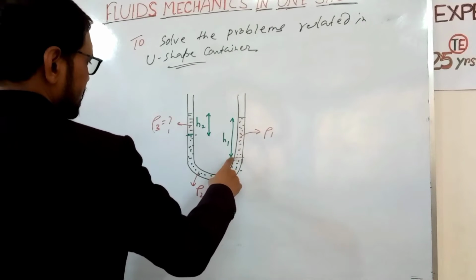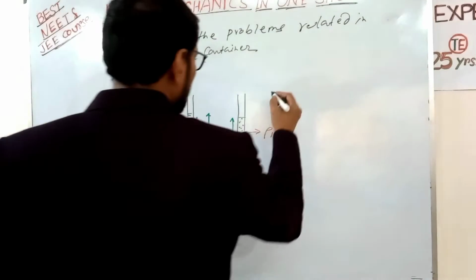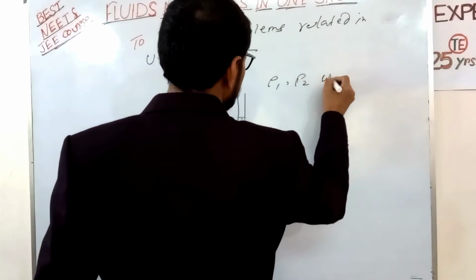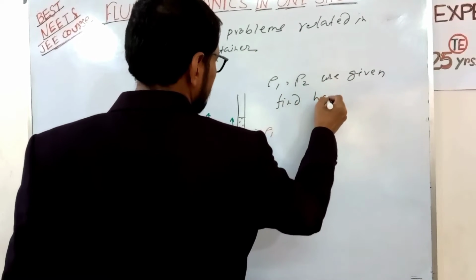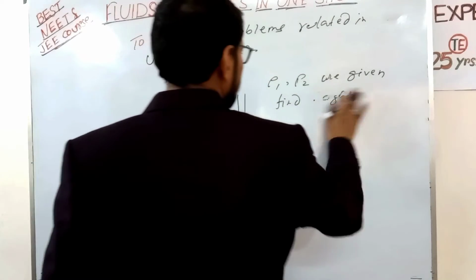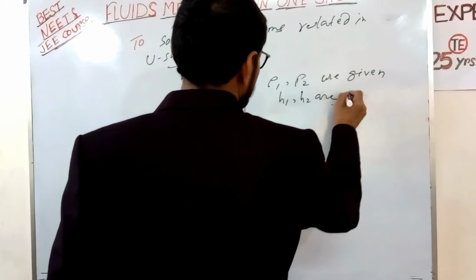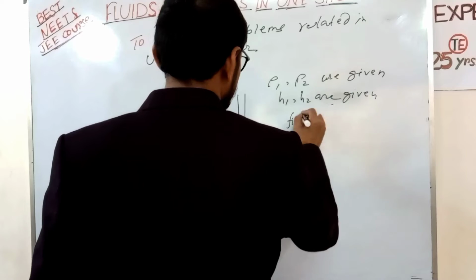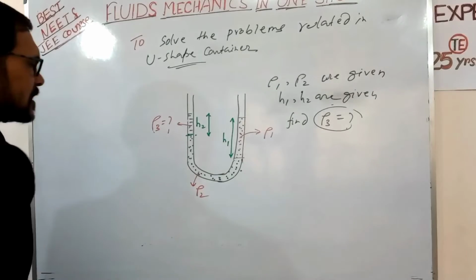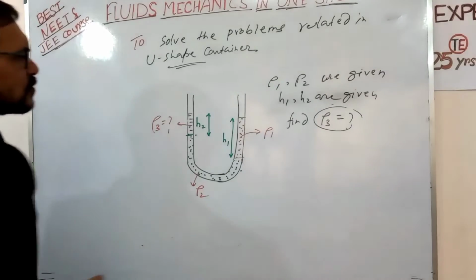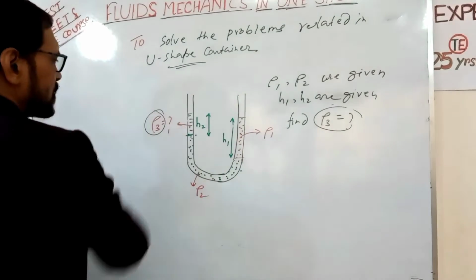Now if the height of this liquid is h1 and the height of this liquid is h2, and rho1 and rho2 are given, h1 and h2 are given, find rho3, the density of this liquid.